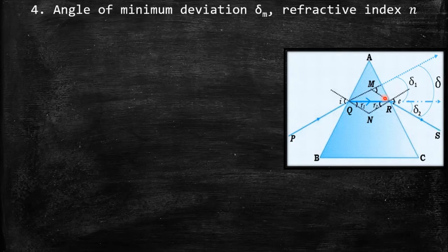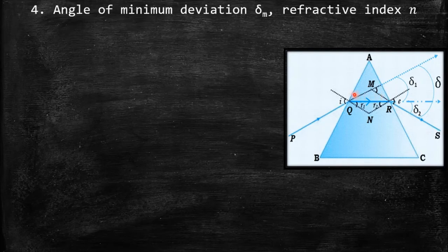Certainly because we know for a fact that this angle was I minus R1, this angle was E minus R2, correct? And if I is equal to E and R1 is equal to R2, this angle is going to be same as this angle, correct?